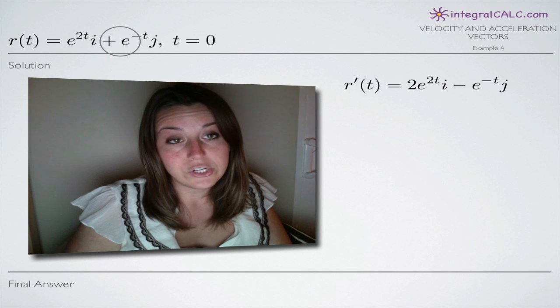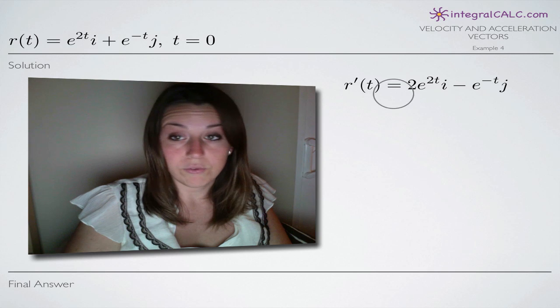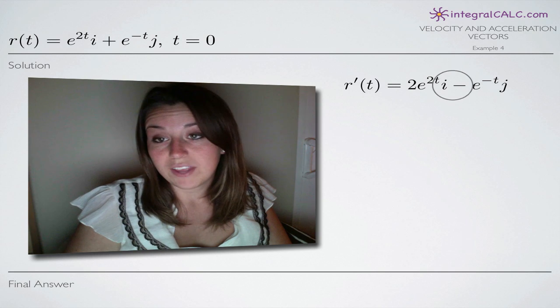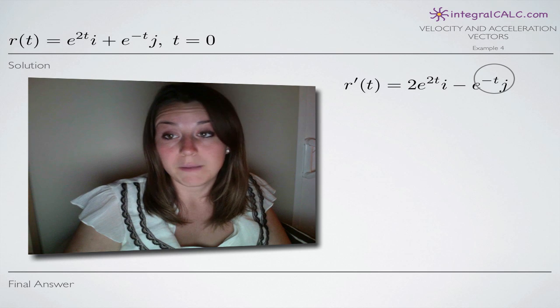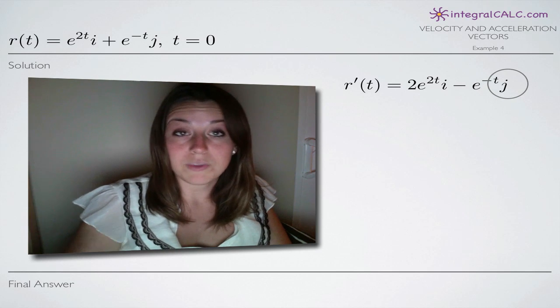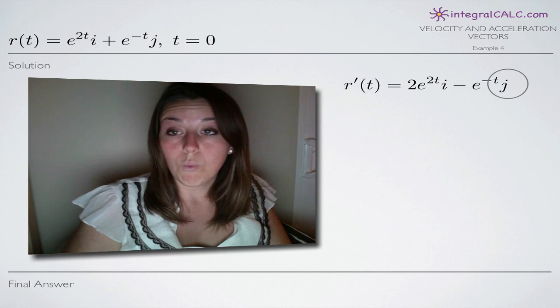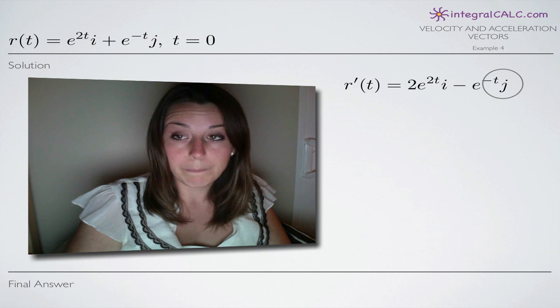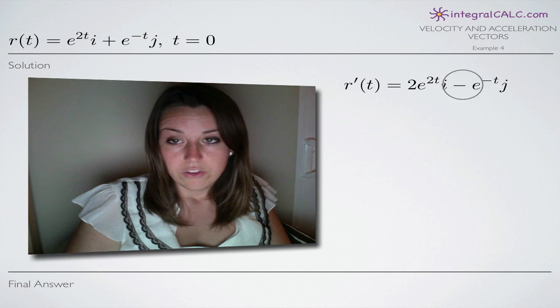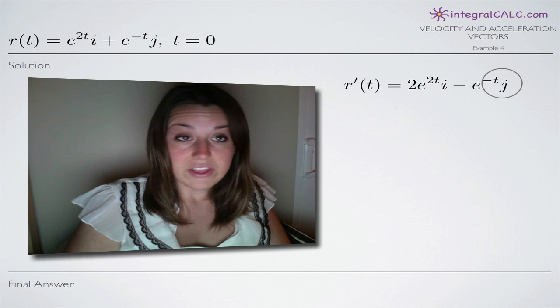So what that's going to do when I multiply this whole thing by negative 1 is change this sign in the middle from a positive to a negative. So you see I end up with a negative here, and e to the negative t just stays the same. As does j, because we completely ignored it. It doesn't go away, it stays here in the problem, but in terms of taking the derivative, we don't have to consider it. So the i and the j stay there, and that's our first derivative.